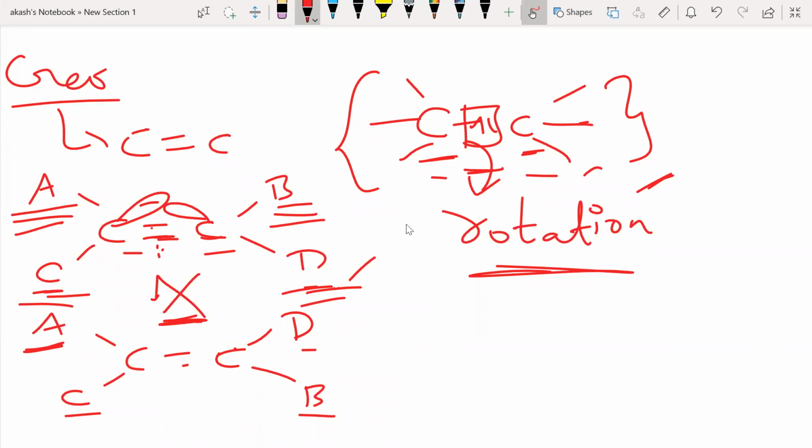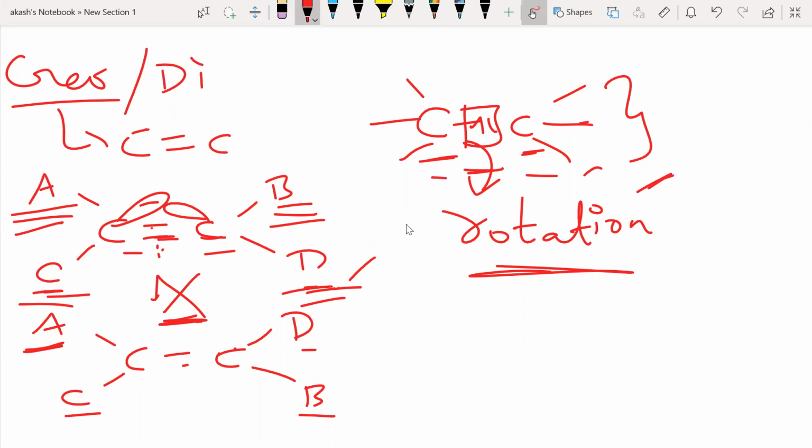Please understand there is one more name for geometrical isomerism. It is also called diastereomerism. D-I-A-S-T-E-R-E-O-M-E-R-I-S-M. And this is actually an S, guys. I'm sorry, my handwriting is so bad. I'll write it again.